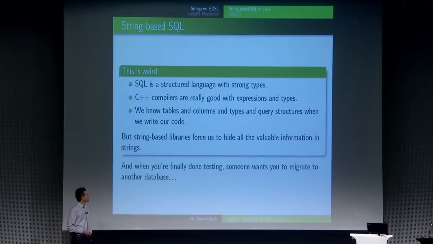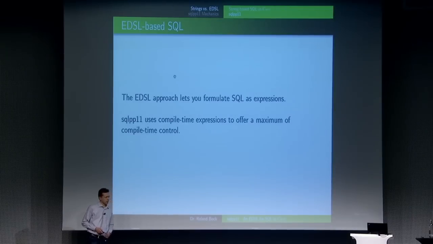So I tried a lot of things, and over the years, developed libraries, several kinds. We used several generations of that in our company, and ever since C++11 was there with especially variadic templates and auto, there's a new library that I've written. It's called Sqlpp11. And it offers an embedded domain-specific language to write SQL in C++.